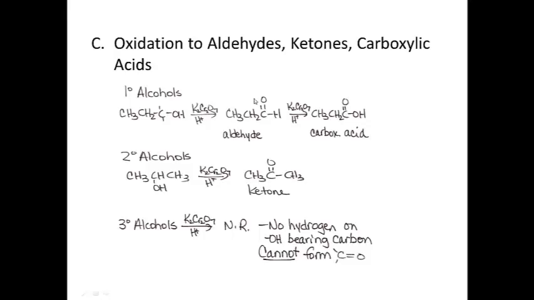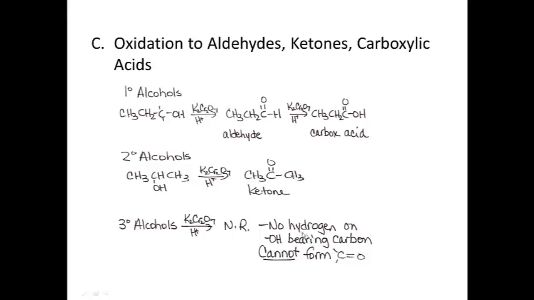In the case of secondary alcohols down here, we are going to oxidize in such a way that we lose the hydrogens here, and we gain a double bond and form a ketone. So ketones are the product of secondary alcohol oxidation. And in the case of tertiary alcohols, we have no reaction because there are no hydrogens that can be lost on the OH-bearing carbon, and so we can't form this carbonyl group.